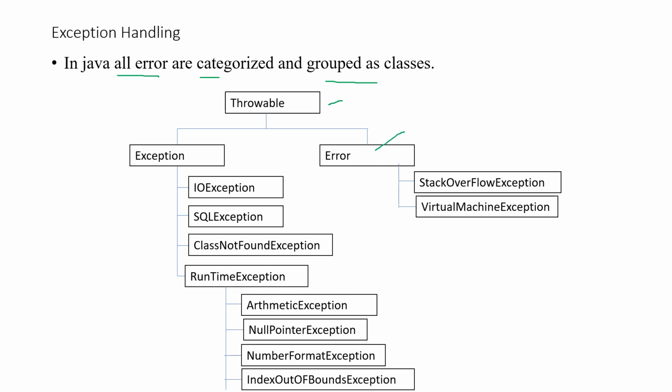The Exception class contains several subclasses: IOException, SQLException, ClassNotFoundException, and RuntimeException. The RuntimeException contains several subclasses: ArithmeticException, NullPointerException, NumberFormatException, and IndexOutOfBoundsException. IndexOutOfBounds contains ArrayIndexOutOfBoundsException. All errors are categorized as classes. Every error has a name in Java.